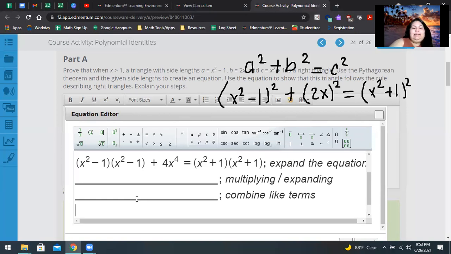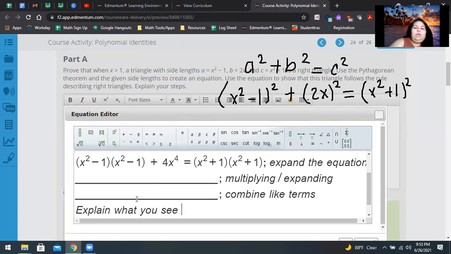Explain what you see there. You're not going to actually type this out, but you're going to explain to me why this works. You're going to pretty much say the left side, by plugging in those values, matches the right hand side by plugging it into the Pythagorean theorem, meaning that this is a right triangle. So that will be for part A.